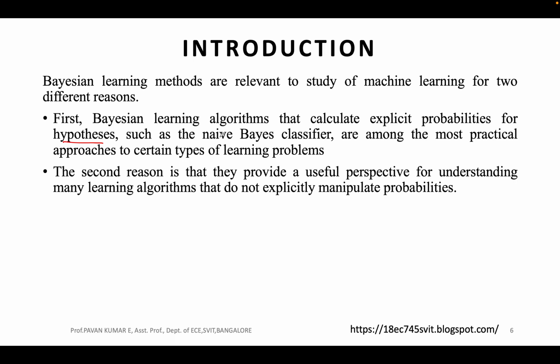The second reason is that they provide a useful perspective for understanding many learning algorithms that do not explicitly manipulate probabilities. We have seen a lot of learning methods in the previous sessions, but when you go for a practical approach, accuracy-wise and cost-effective-wise, we go for a Bayesian learning method.